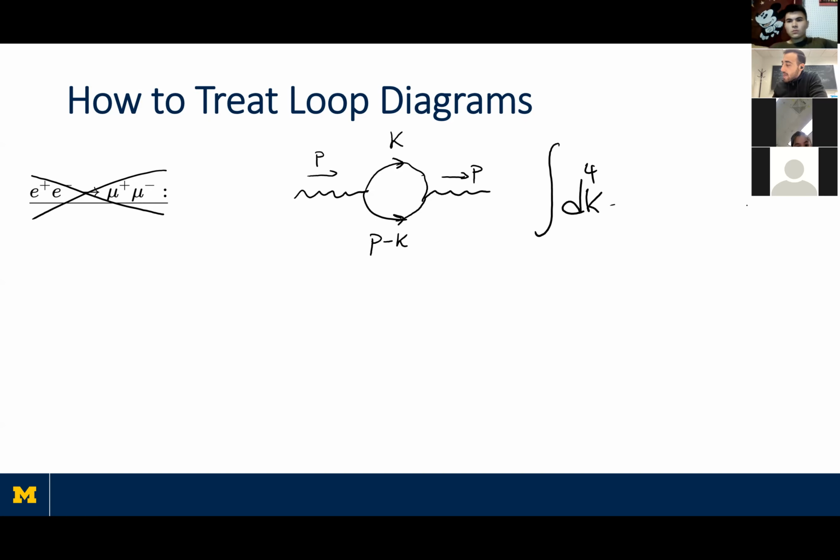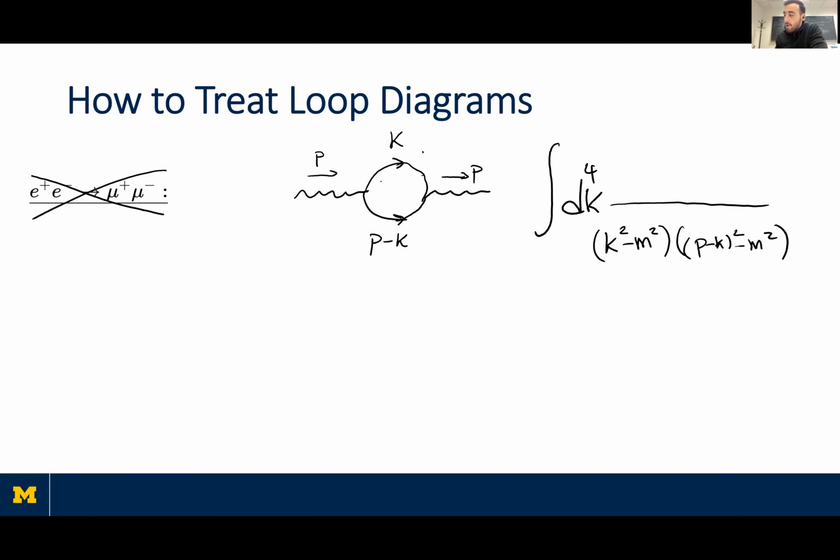And in this case, because we have 2 propagators in the middle, what you end up with in the denominator is the first propagator, k squared minus m squared. And then you have the other one, which is p minus k squared minus m squared. Now on top, you're going to have a more complicated expression because it includes fermion propagators.